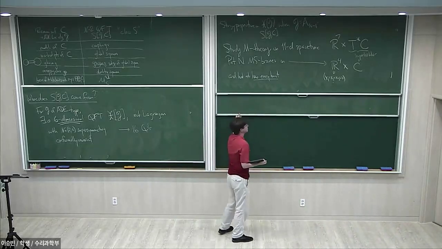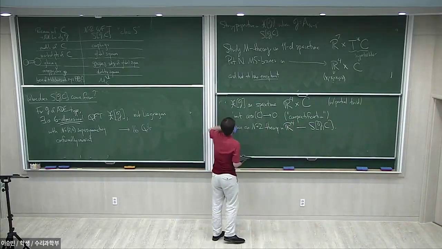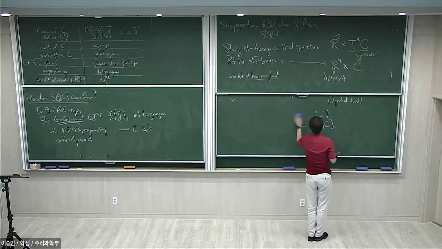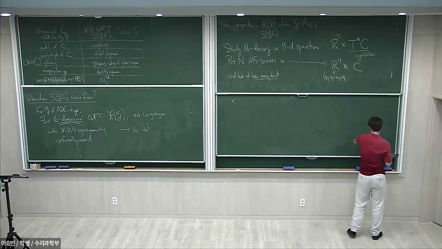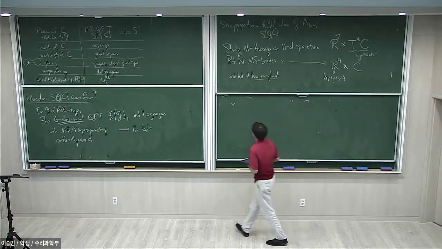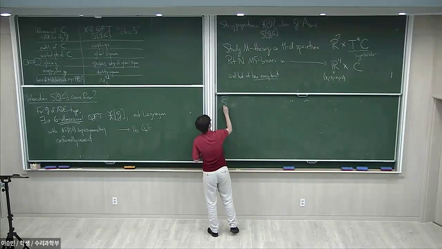But while we're here, let's talk a little bit about some geometric symmetries in this story. What do we see from this picture? We see two kinds of geometric symmetries.